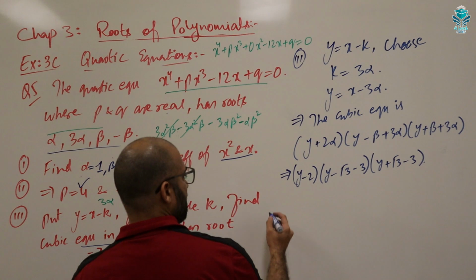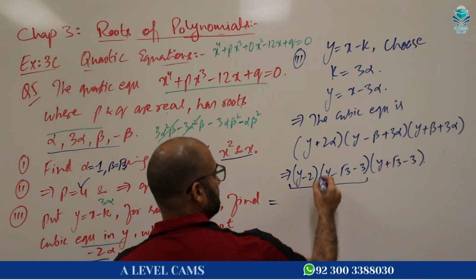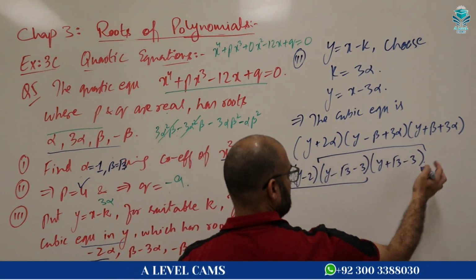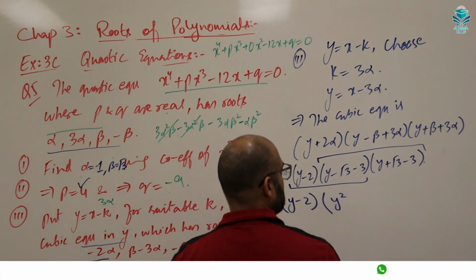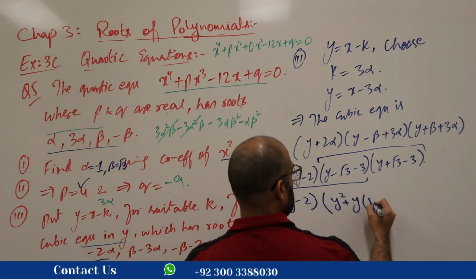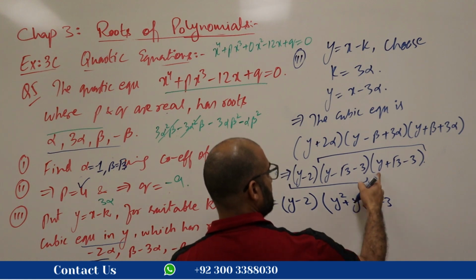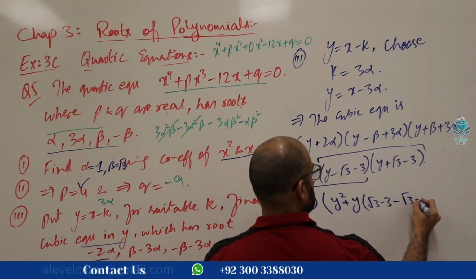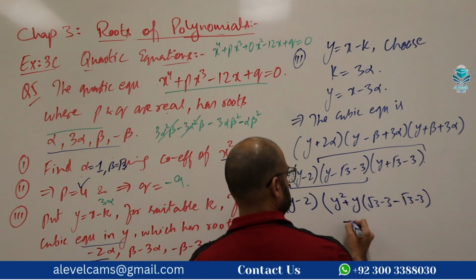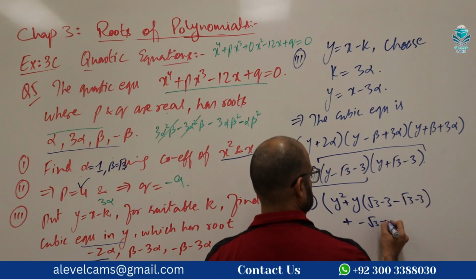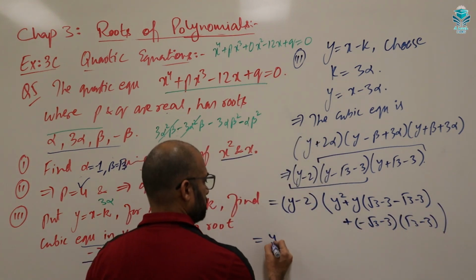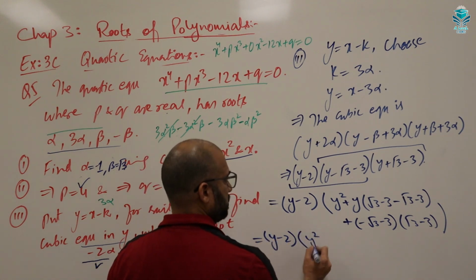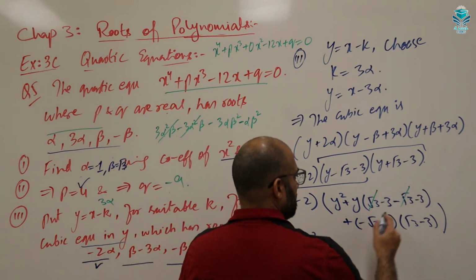So students, simplify it. Firstly multiply these two factors, the other two factors, you will get y square, root minus 3, and then minus 3 minus 3. These two will be balanced.